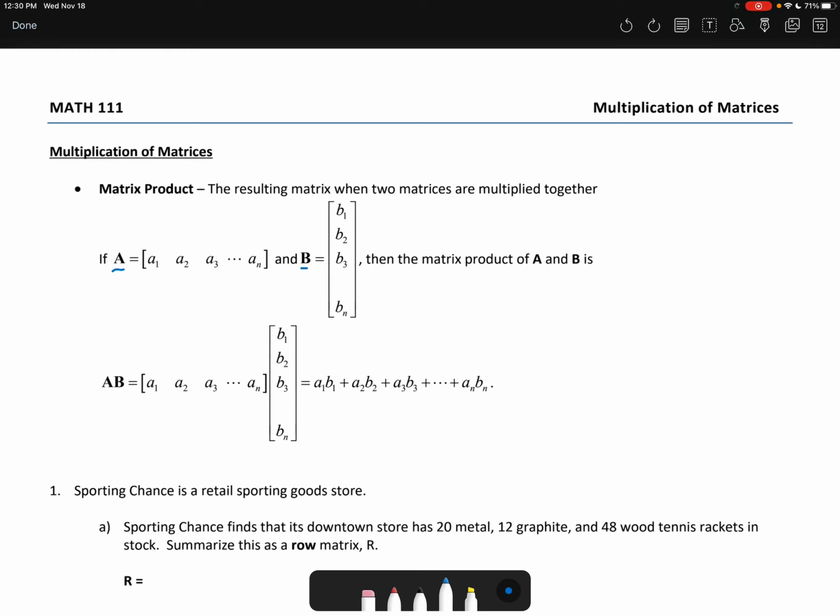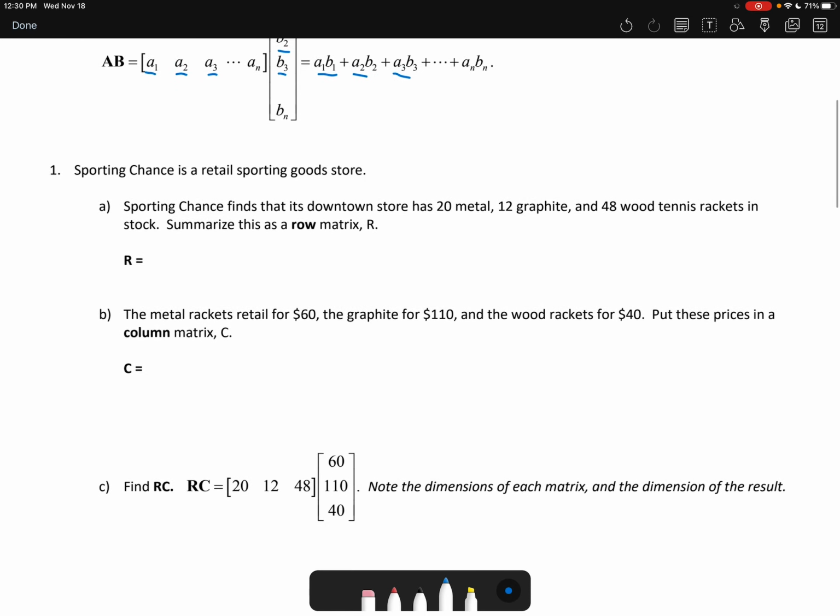So this row matrix A times column matrix B would end up being a single value where I take A1 and B1 and multiply those two together. And then I add that to A2 times B2, and so on and so forth until I run out of elements. And then I add them all together, and that is my answer.